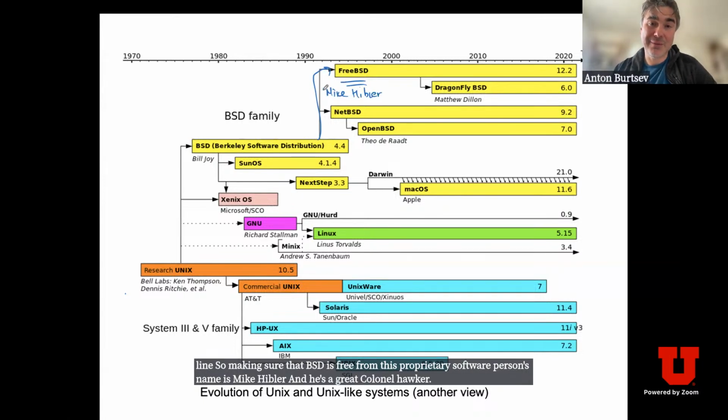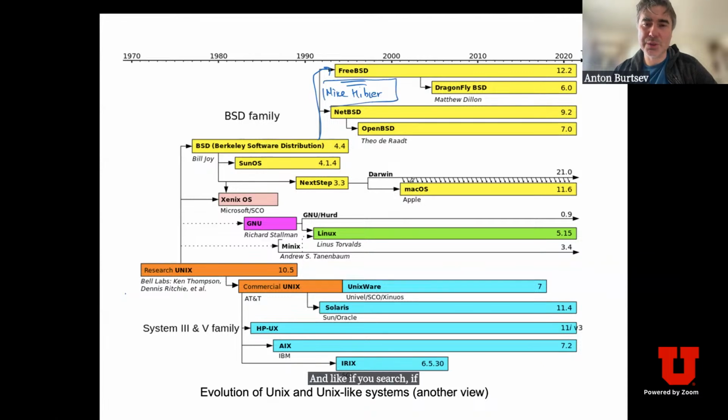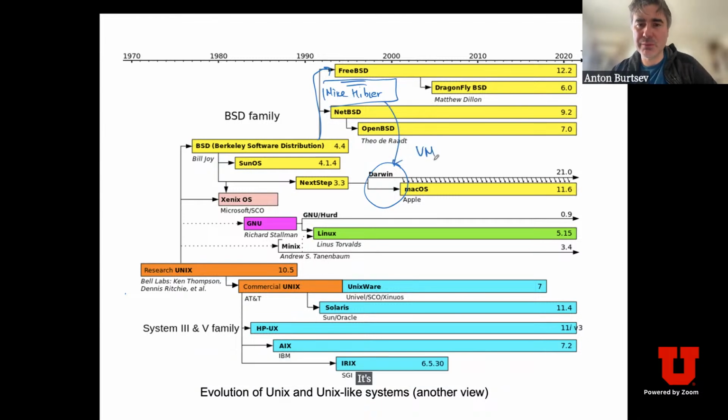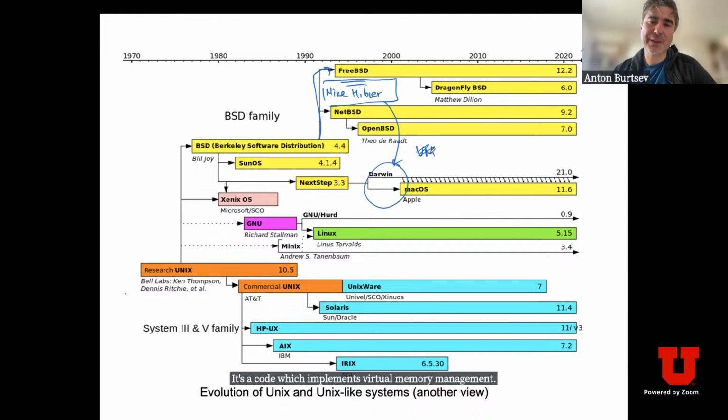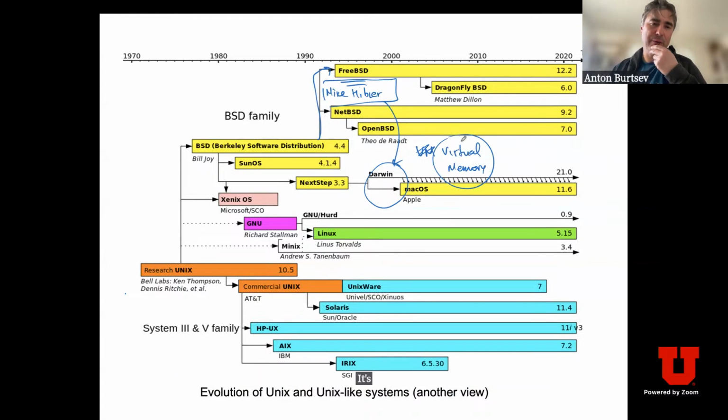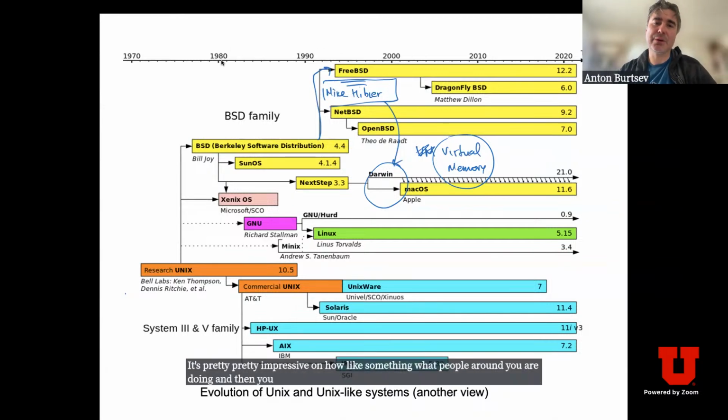If you grep through the source code of the XNU kernel, or whatever version macOS is running, you will see his name there. So his code is still running on my macOS, and it's code which implements virtual memory management. It's pretty impressive to see what people around you are doing running for decades. Okay, so this is it.